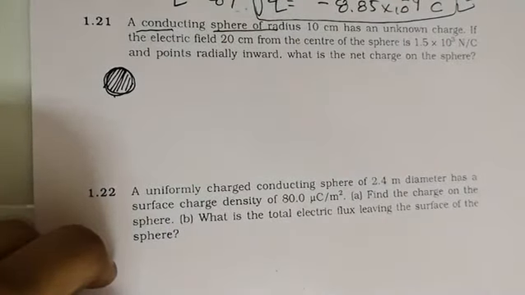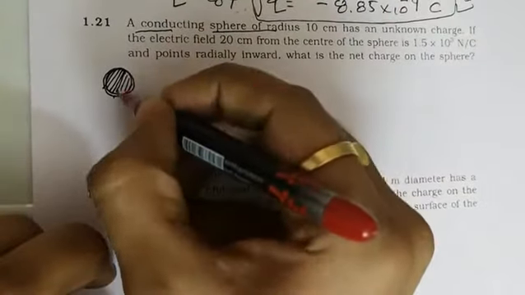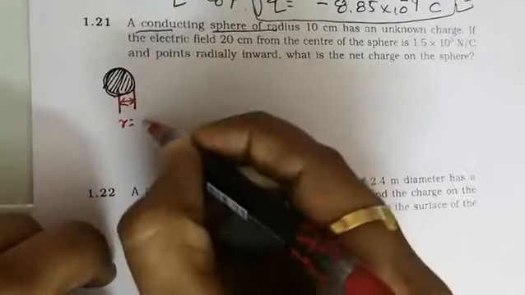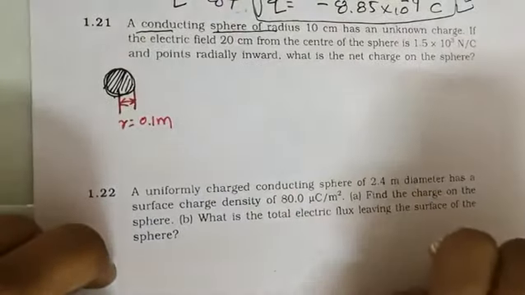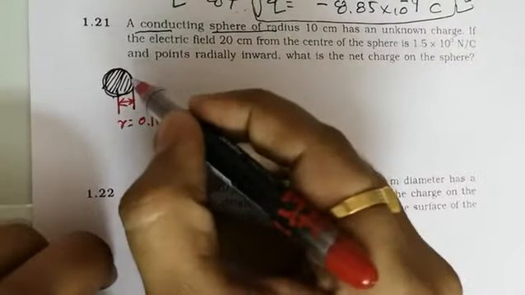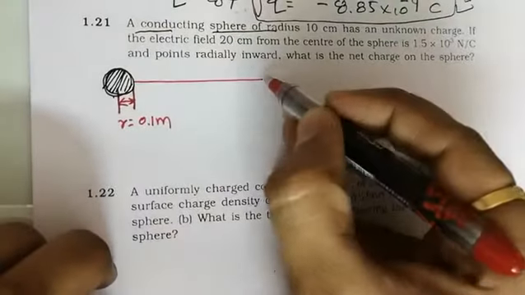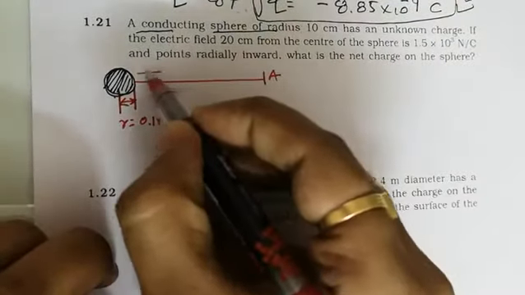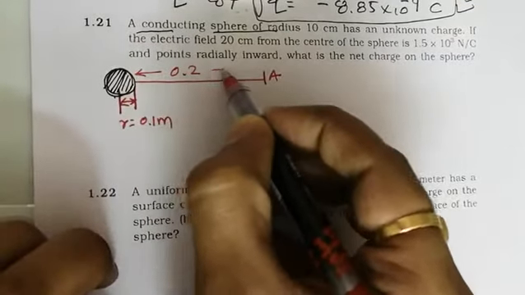So it is a sphere having a radius R equal to, let's say, 0.1 meter, and from its edge, one point, let's say point A, at 0.2 meters.